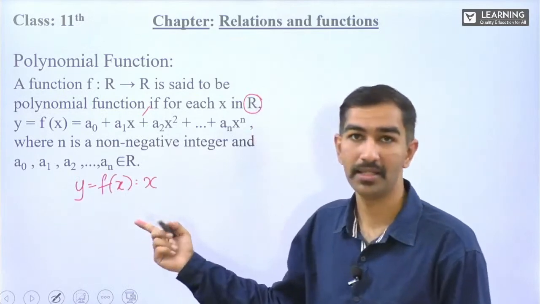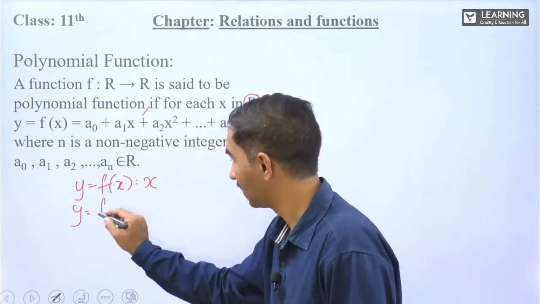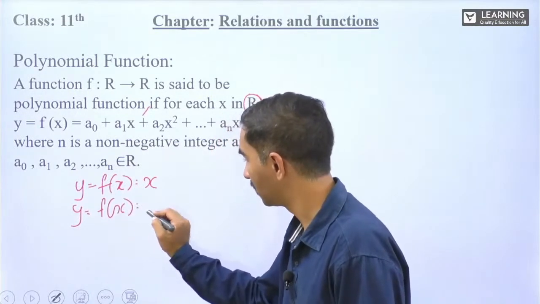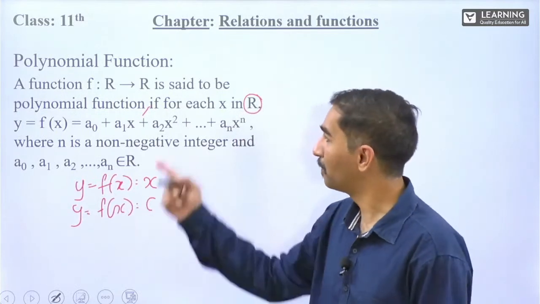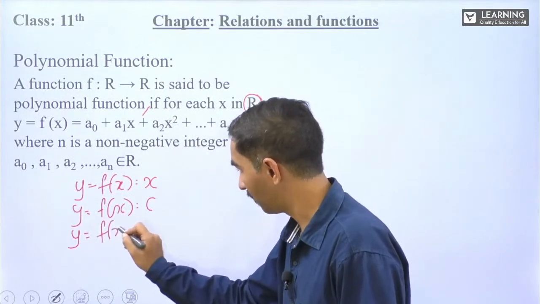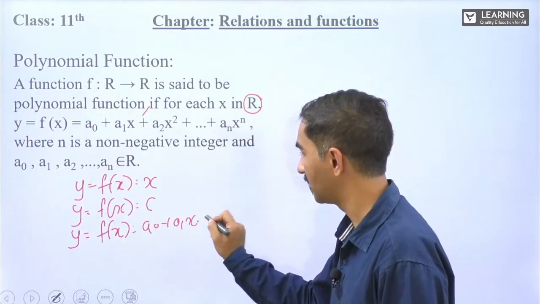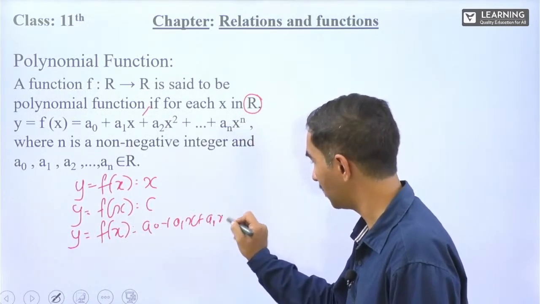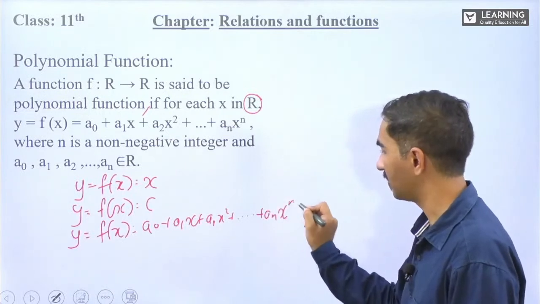Which function? Identity function. y is equal to f of x is equal to c. Which function? Constant function. Now polynomial function, now students, y is equal to f of x is equal to a naught plus a1x plus a2x square and so on until an xn.